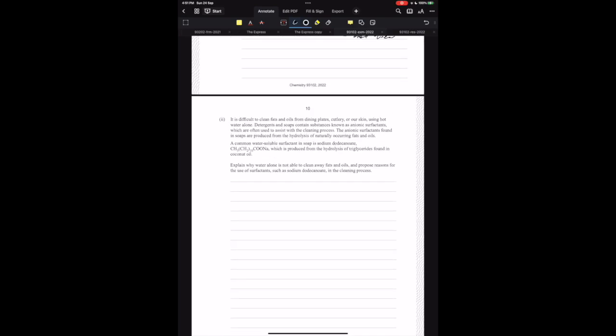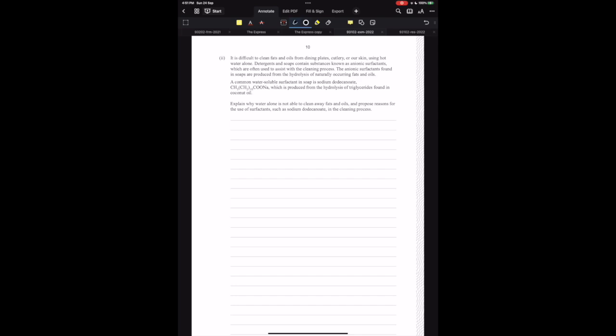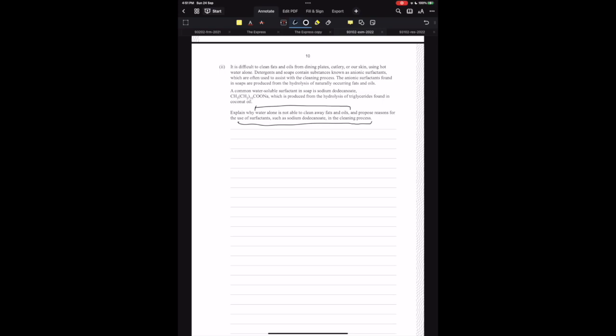Okay, again we have 2 components to this question. Firstly, why water alone is not able to clean away fats and oils, and secondly, why surfactants such as sodium dodecanoate are used in the cleaning process. Okay, so firstly, why is water alone unable to clean away fats and oils? Fats and oils are typically triglycerides. So, let's see.